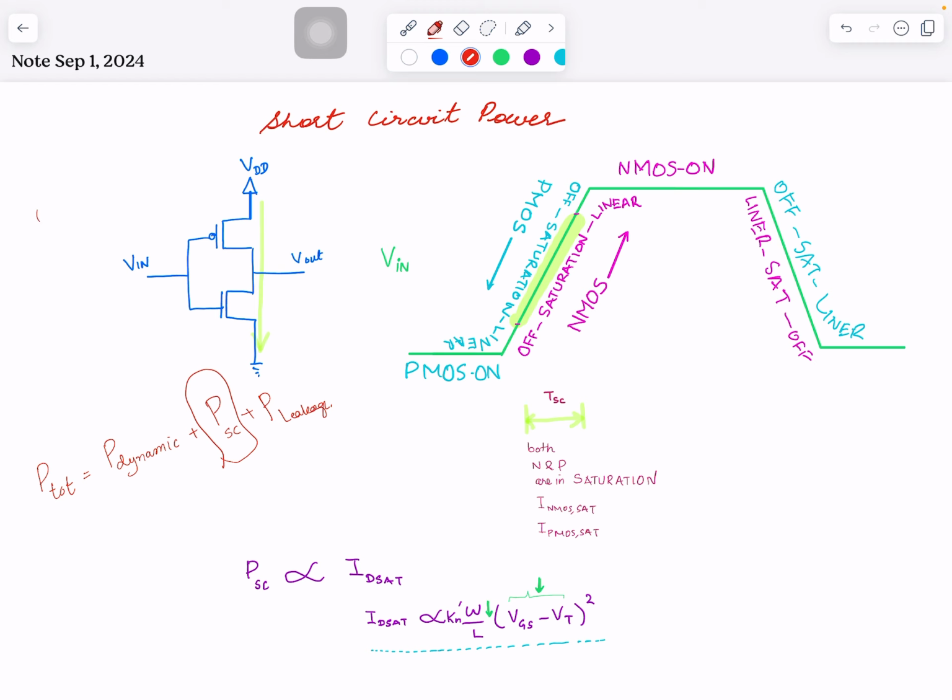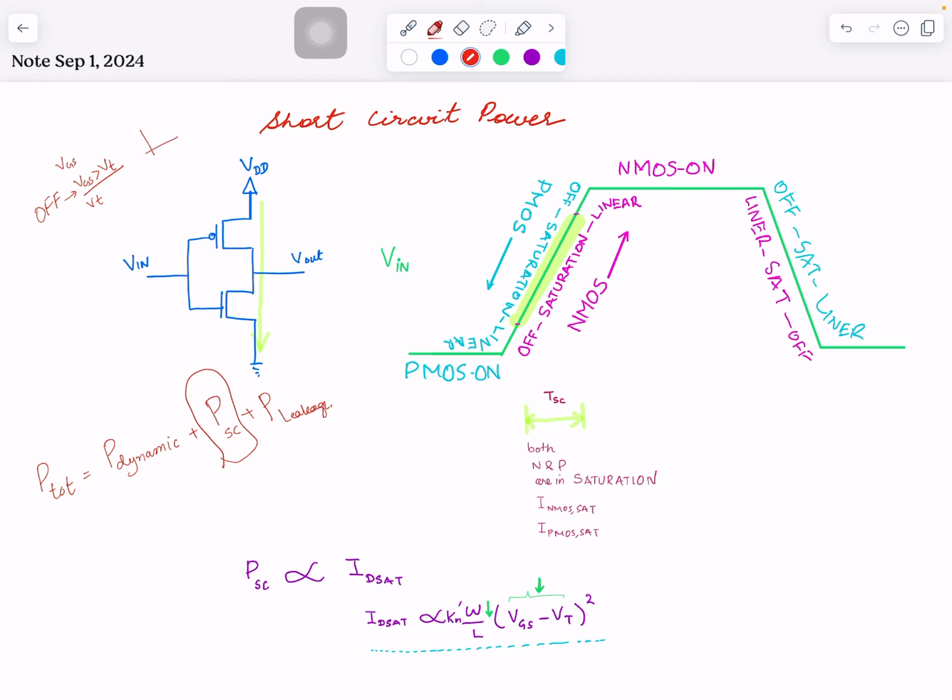Okay, the transistor is off, NMOS is off. You apply a little gate to source voltage because there is a threshold voltage. If VGS is greater than VT, our transistor is on. When the transistor is on, which region is it? Saturation, where it is supposed to be a constant current, or a linear region?